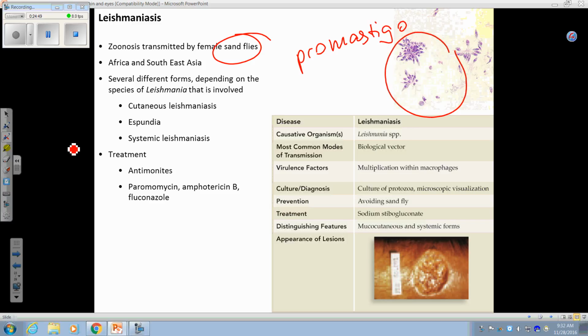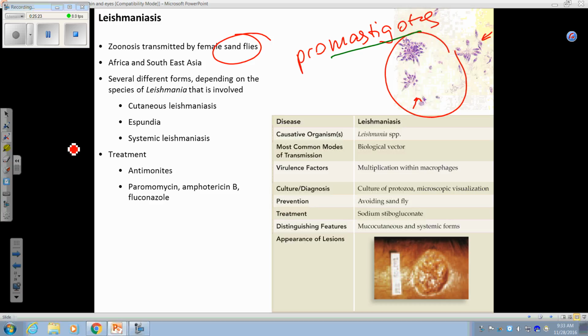Anyone remembers what mastigote, mastigophora means? Flagella, yes. You can see tiny flagella here. This is a fascinating parasite that goes through several stages, flagellated and non-flagellated stage.